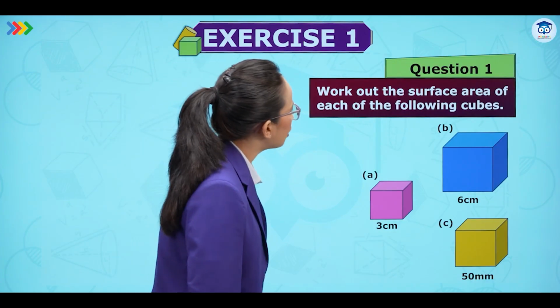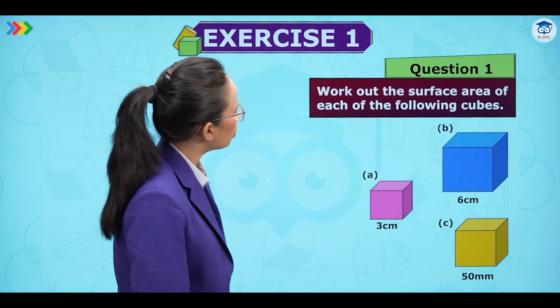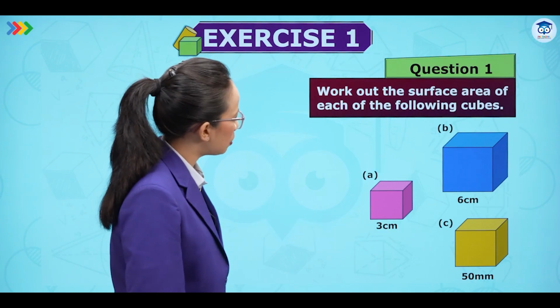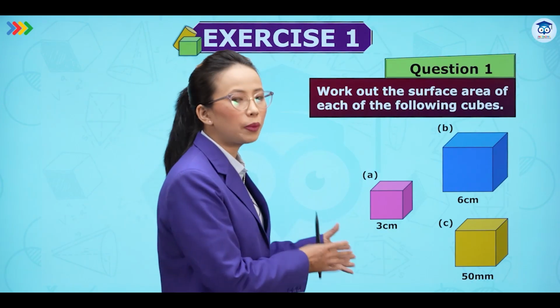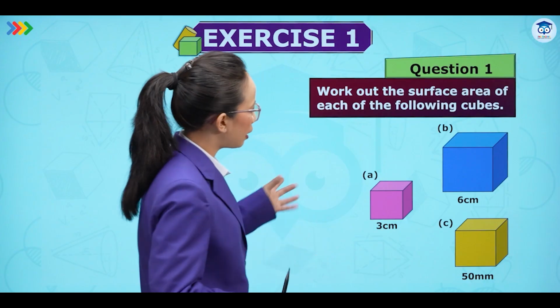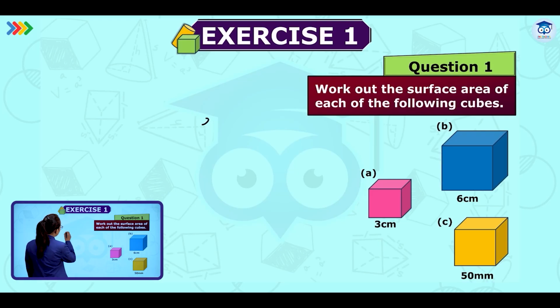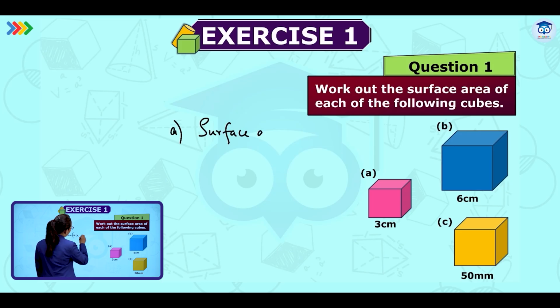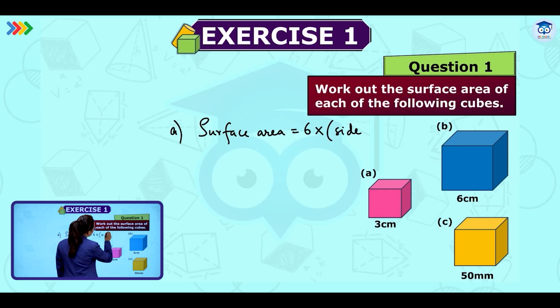Okay. So now the first question. Work out the surface area of each of the following cubes. The first cube is 3 centimeter. Again, this is not up to scale. This is just given for reference. So the surface area, using the formula, is 6 into side square. Edge length square means side square. Here the side means the edge length.